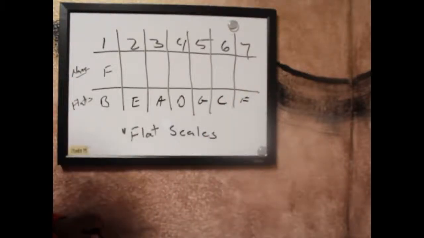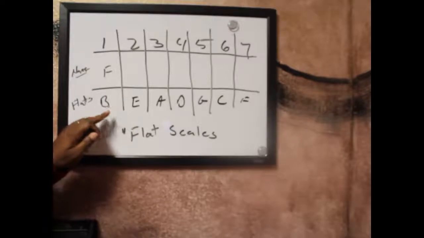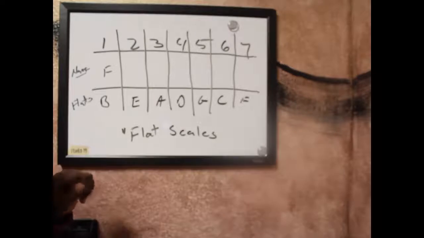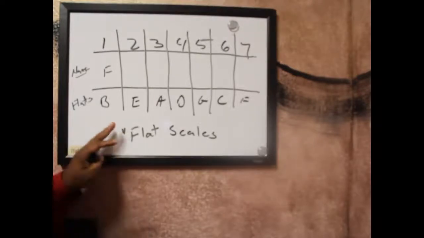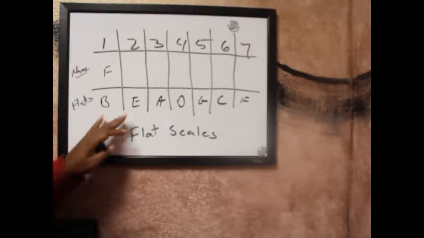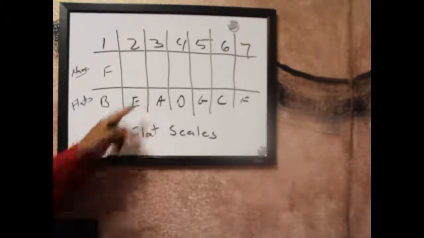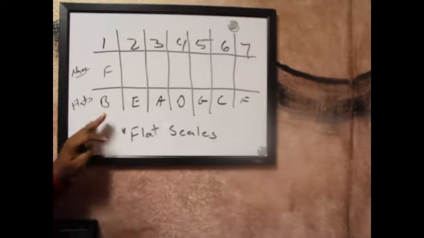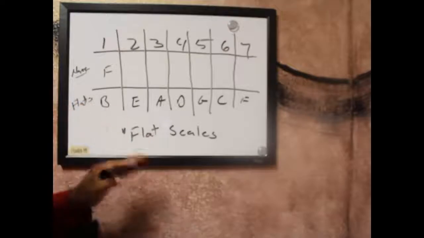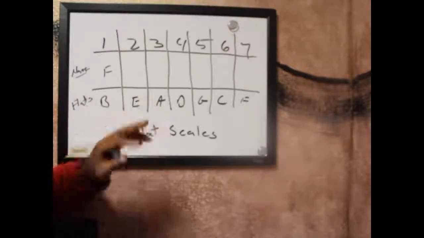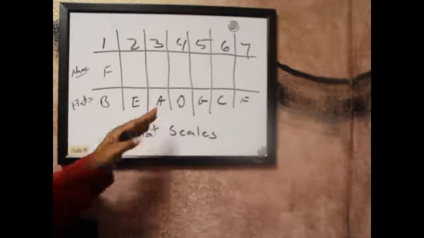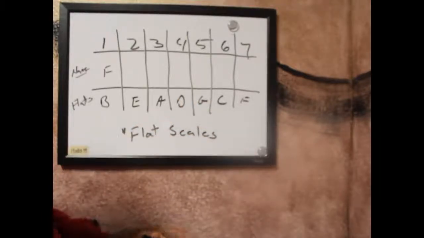So if they come in this order, B, E, A, D, G, C, F, it means if there are two flats in a key signature, one of them will be B and one of them will be E. If there are four flats, there'll be B, E, A, and D. If there are three, it'll be B, E, and A. There will never be B, G, F, and A. Isn't that comforting?